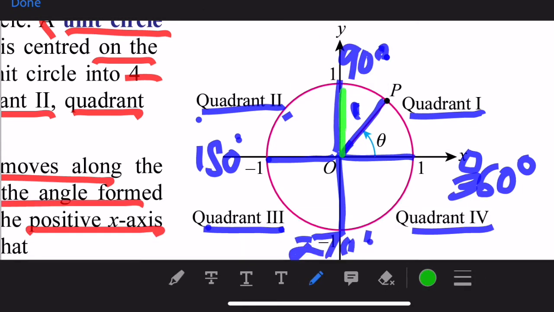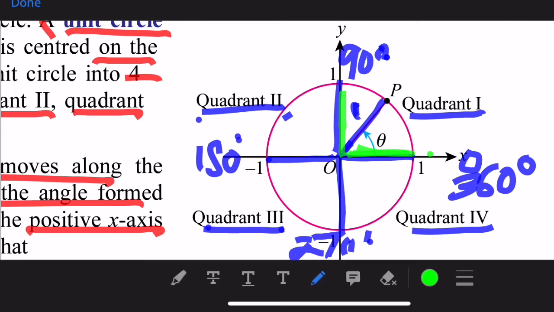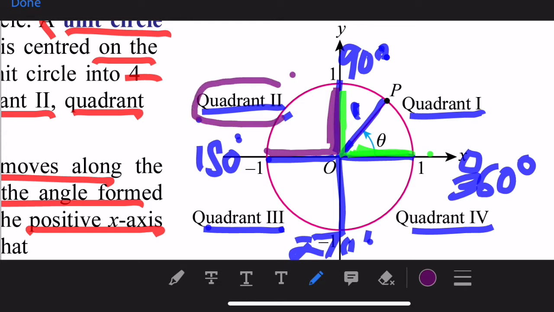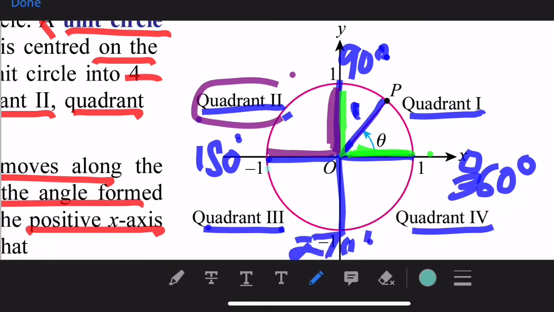This is quadrant 1, the green one, and then the purple one is here. I'm going to highlight to you. This is quadrant 2, and quadrant 3, I'm going to use blue.